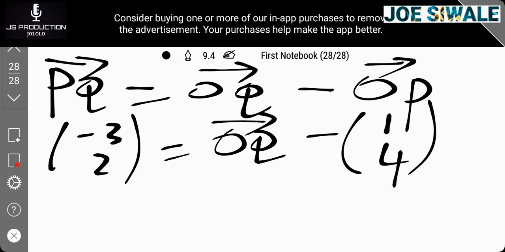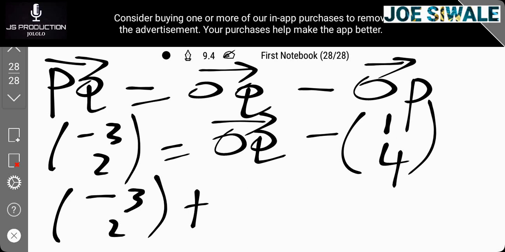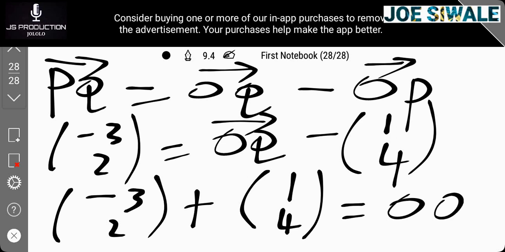So I can collect the like terms. I can say (1, 4) of vector OP will go to the other side of the equation and it will be positive. So I have (-3, 2) plus (1, 4) is equal to vector OQ.